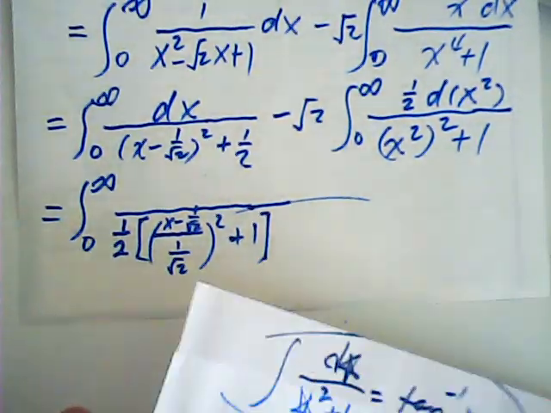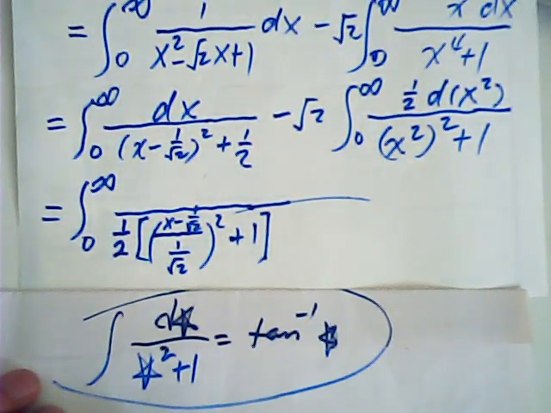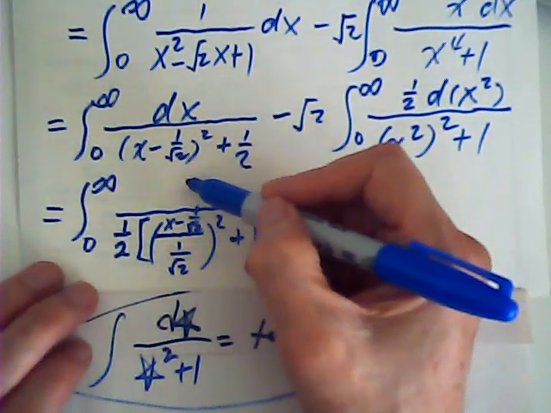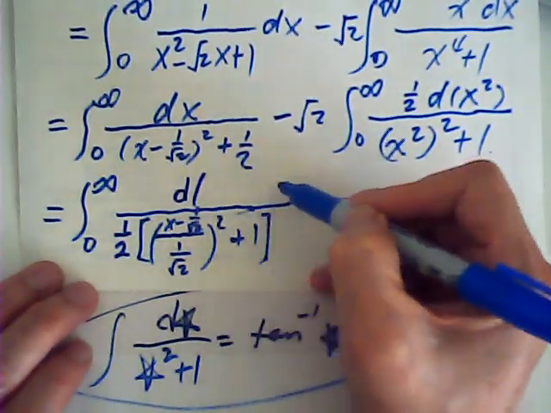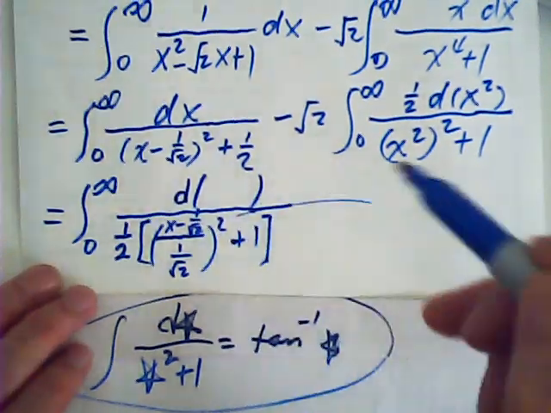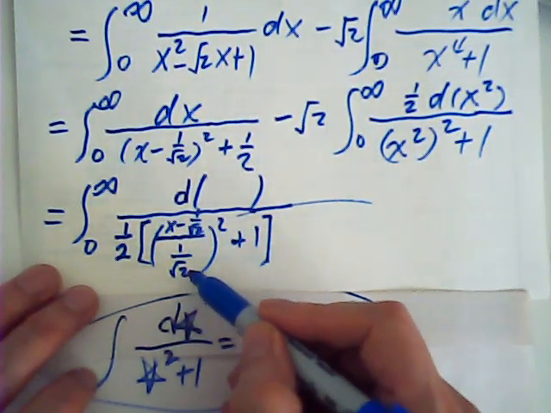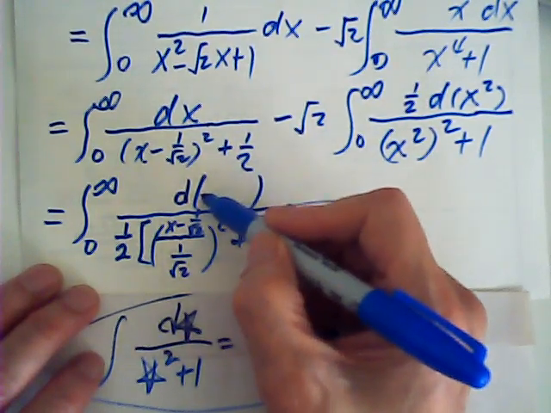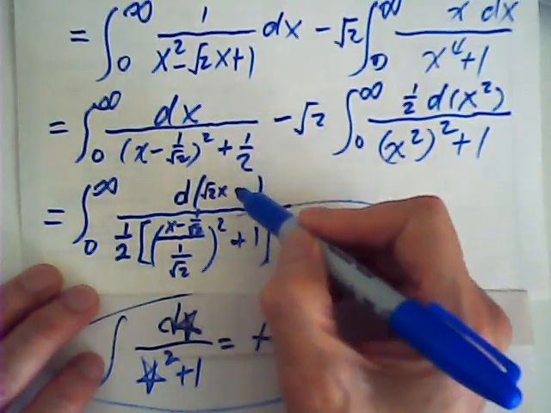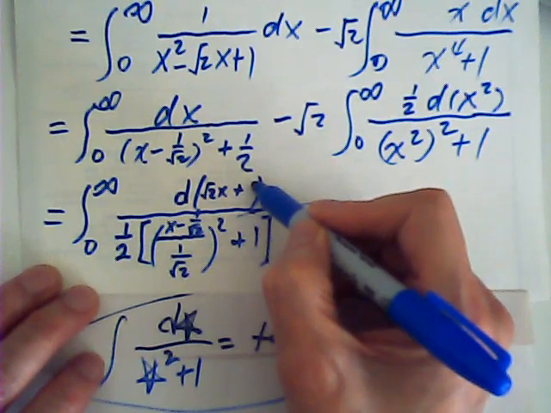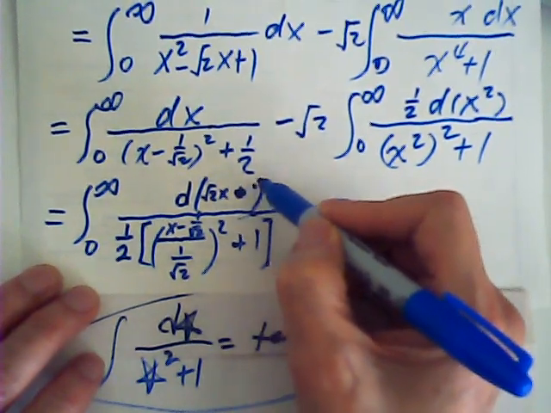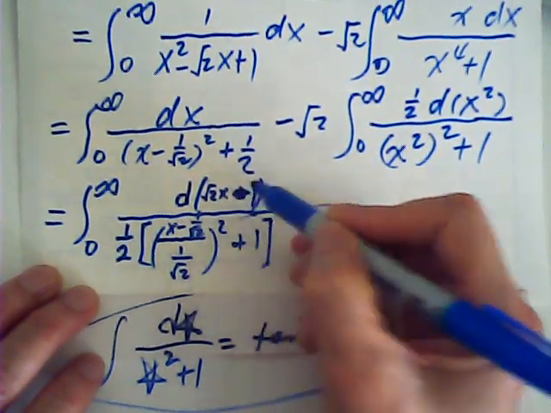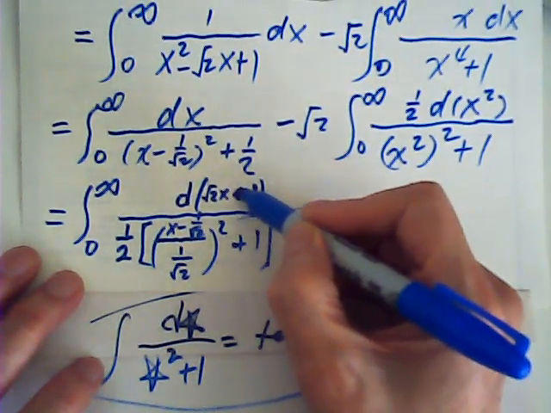Now this is the formula. So I need a d something. What is this? You flip root 2 on top, becomes root 2x minus 1, sorry. Minus 1. Huh?